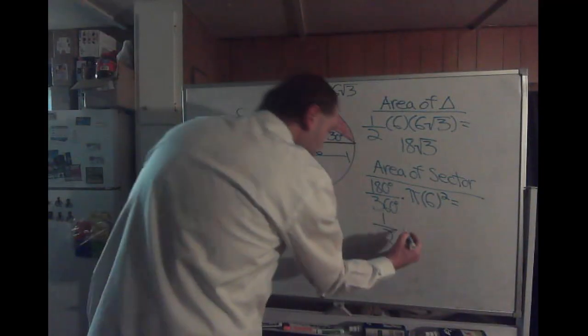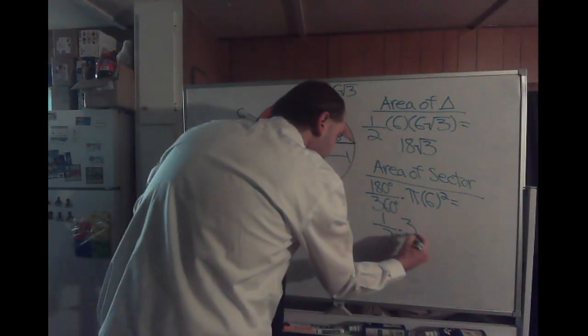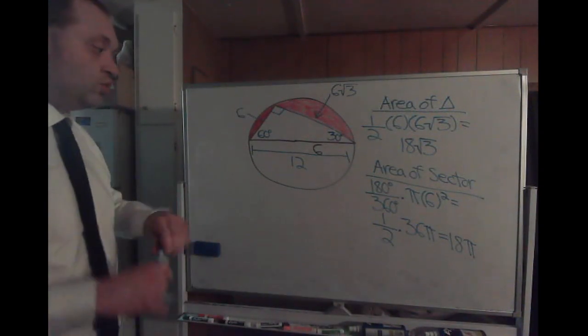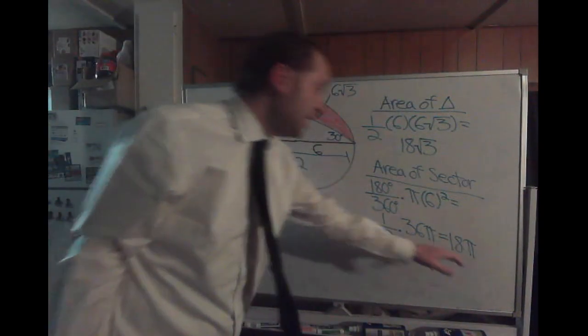Then 6 to the second power is 36, so that'd be half of 36 pi, which would then give you what? 18 pi. So the area of the whole sector is 18 pi.